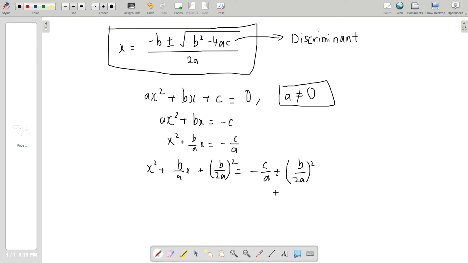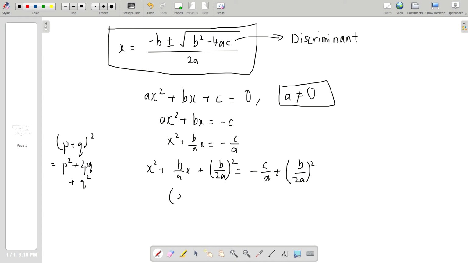This left-hand side is essentially in the form p plus q squared is equal to p squared plus 2pq plus q squared. So our p squared is x squared, our 2pq is b over a x, because it's 2 times x times b over 2a, and then this q squared is b over 2a squared. So this is in the form of a binomial.